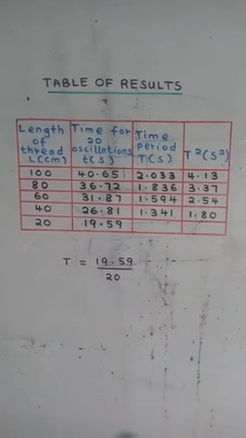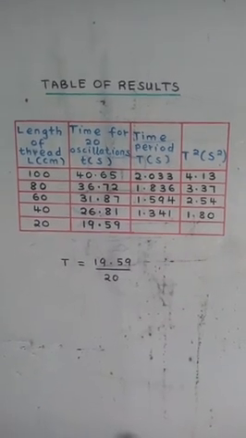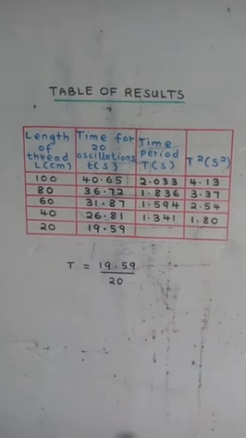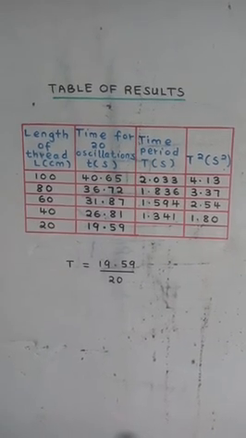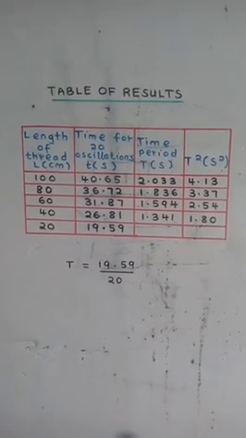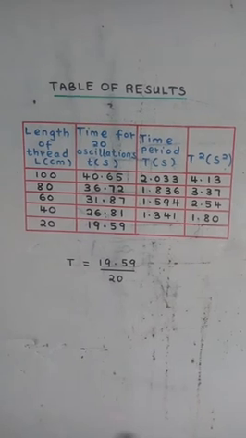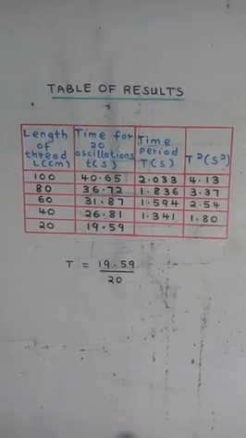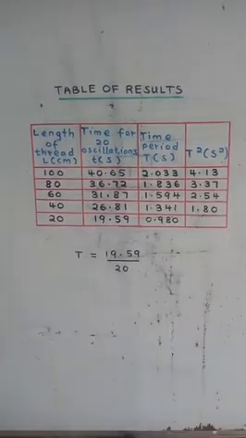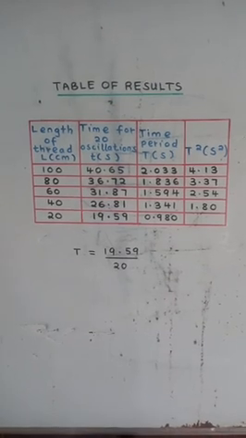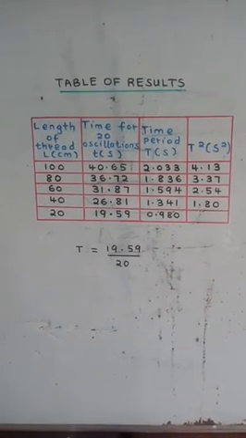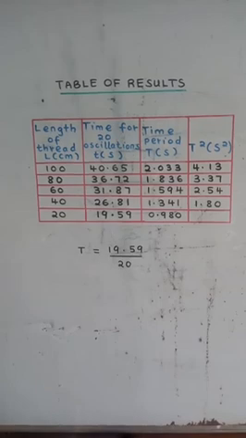Time period for one oscillation is equal to 19.59 seconds divided by 20 oscillations, which is equal to 0.980 seconds.